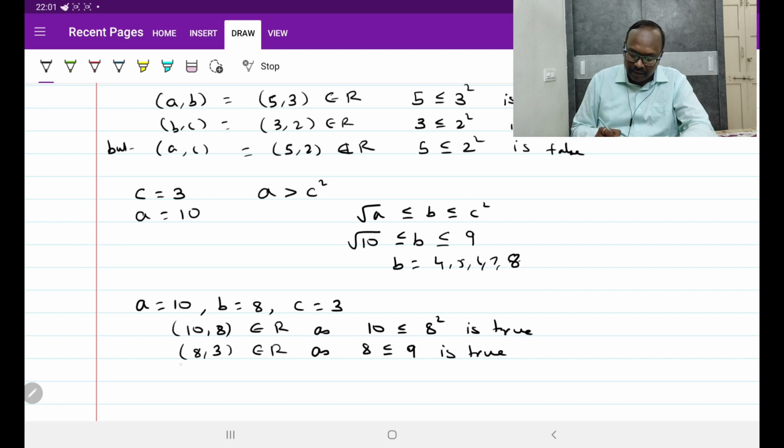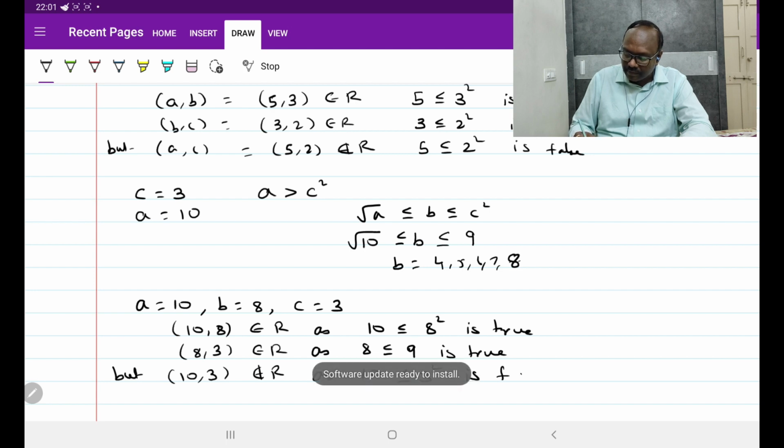But 10 comma 3 does not belong to R, as 10 less than or equal to 3 square is false. Therefore, R is not transitive.